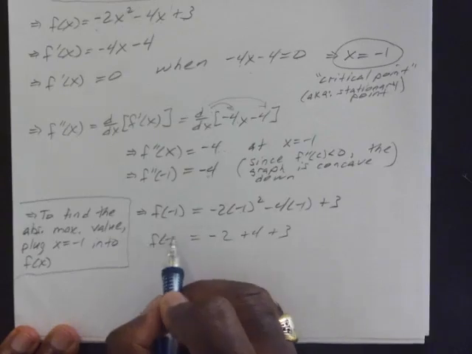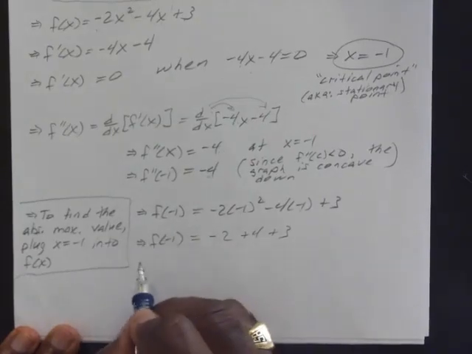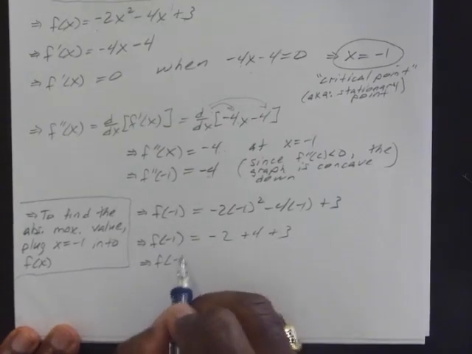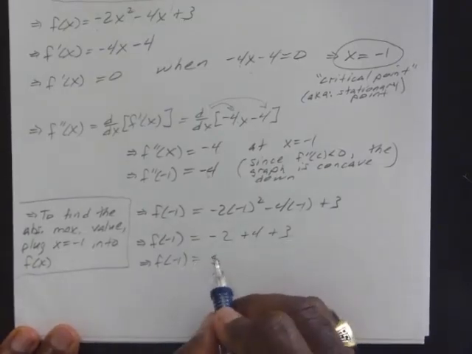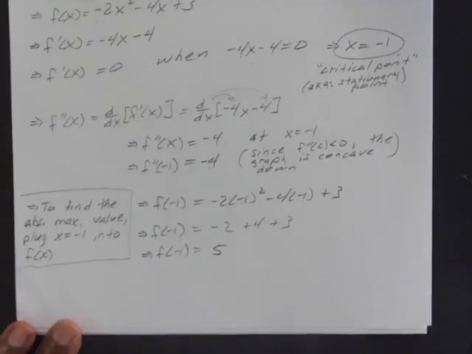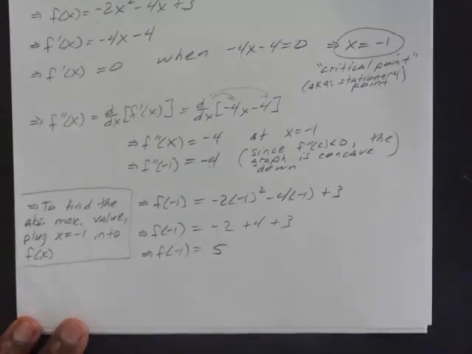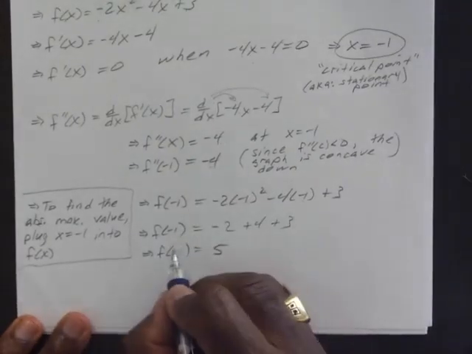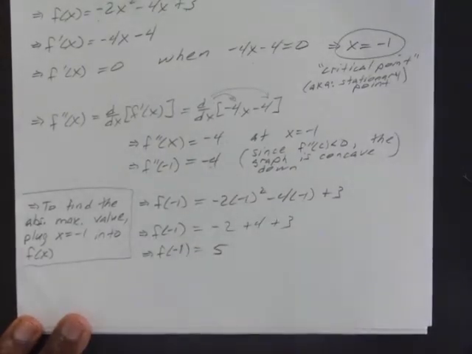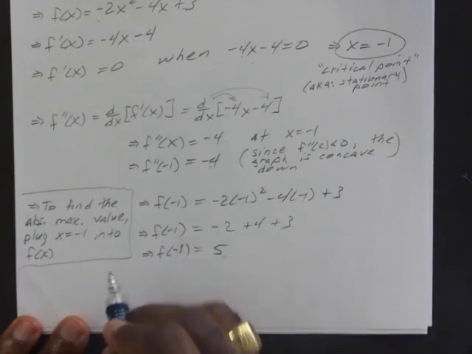Okay, so we know f of -1. So if we simplify that, f of -1 is just 7 minus 2, which is 5. Make that a little clearer. There we go. So we know that the point of the absolute maximum is at the point -1, 5.